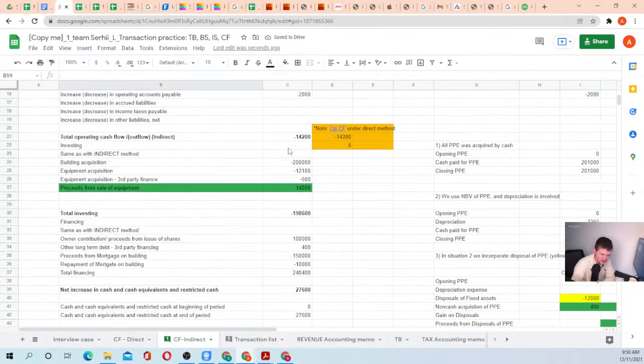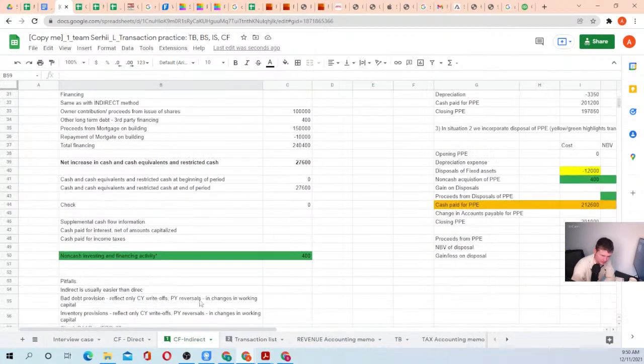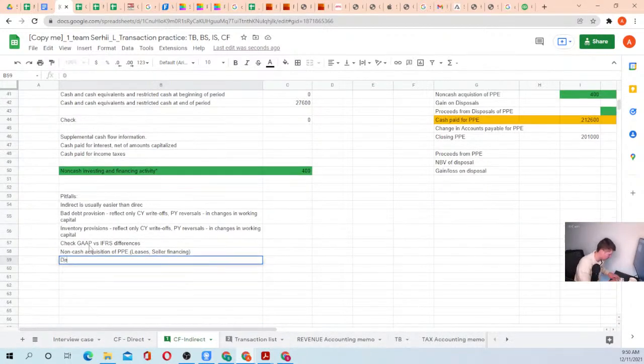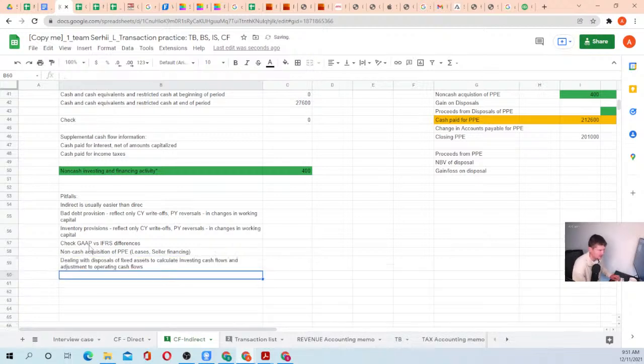Then disposals, let's call it dealing with disposals of fixed assets to calculate investing cash flows and adjustment to income. Okay.